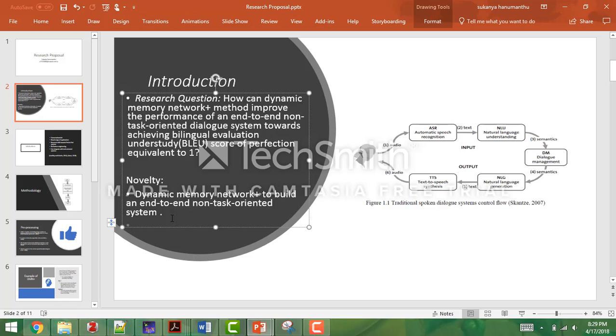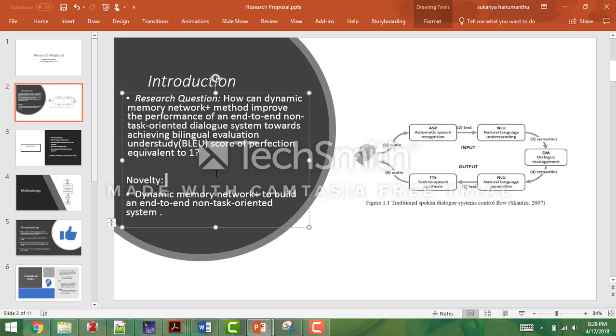The novelty in this project is that the number of end-to-end dialogue systems on non-task oriented systems is just one or two, which is negligible compared to the task-oriented dialogue systems that we have today. So that's one of the important things that we have to consider. And the novelty is basically the dynamic memory network plus, which is an interesting methodology that I'm going to explain here.